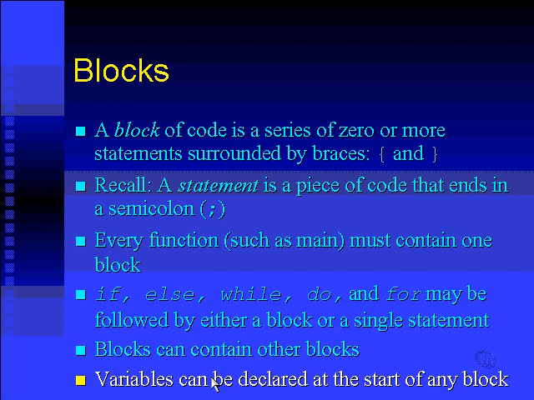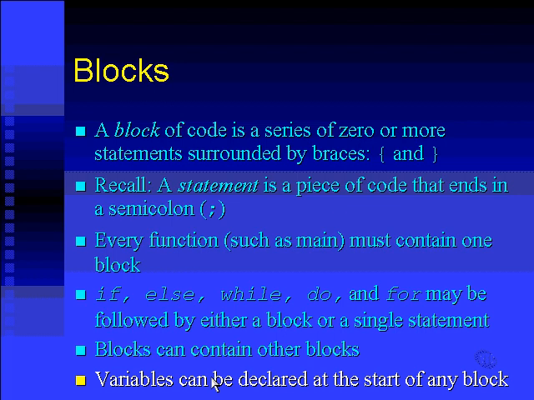And now, finally, variables can be declared at the start of any block. I mentioned before to you that variables can only be declared at the beginning of a function. What I was really trying to say was you can't just declare a variable willy-nilly anywhere within a function. But if you recall, a function contains one block, and if you can declare a variable at the beginning of a block, then you declare a variable at the beginning of the function, which is what we learnt.